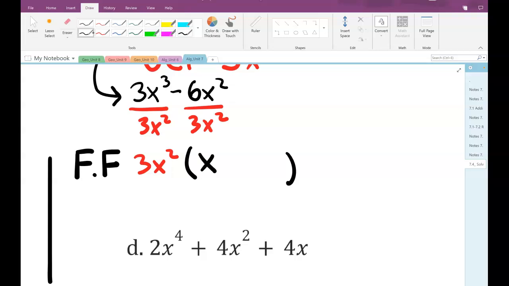Negative 6 divided by 3 is negative 2. Then x squared divided by x squared is 1, so you don't write that. This would be your final answer in factored form. If I ever asked you to put something into factored form, this is what I'm looking for.